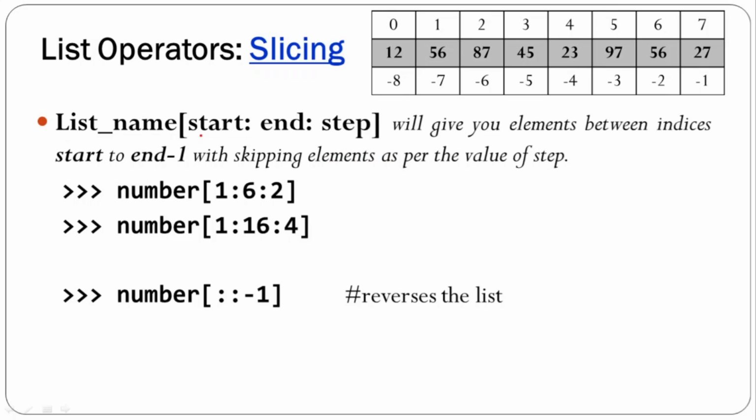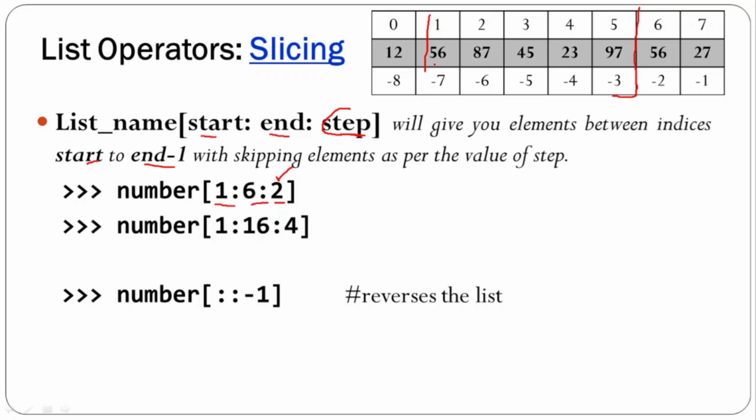While slicing, we can give the start, end and an optional step parameter which will give you elements between the index start and end minus 1 with skipping elements as per the step value. The number of items specified by the step value will be skipped in the output. For example, number[1:6:2]. The items starting from 1 up to 6, that means up to this item will be displayed, but we have specified a skip parameter 2.